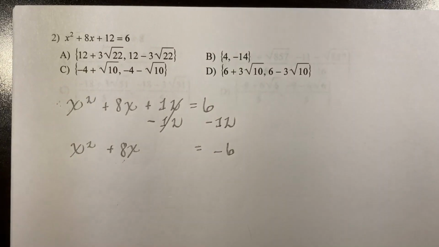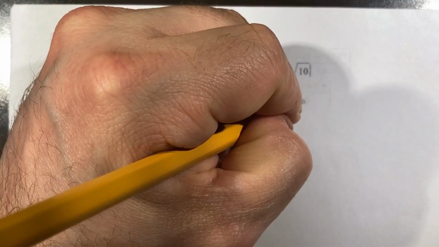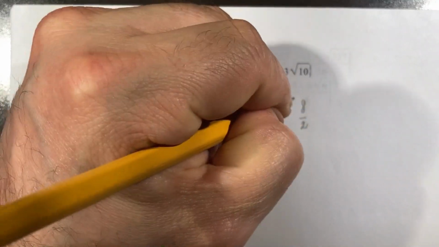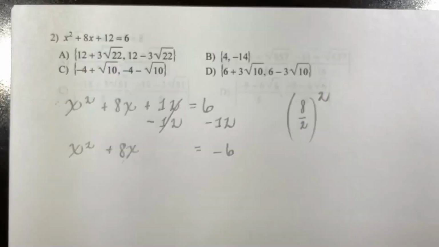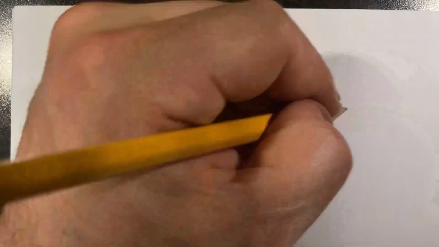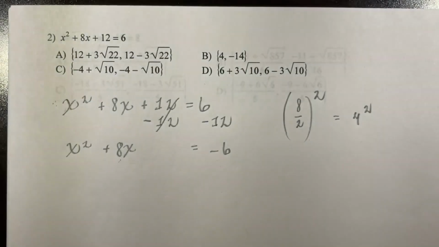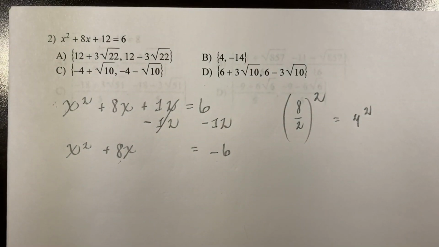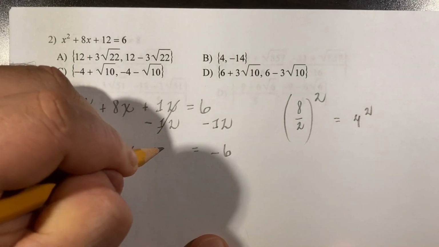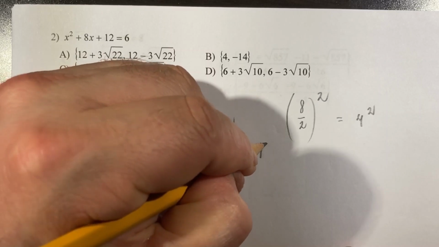We take half the middle coefficient and square it. So we're not going to draw the square in the rectangle this time. We're just going to say 8 divided by 2 squared, right? Well, 8 divided by 2 is 4. And so we're going to say this is equal to 4 squared. Now we know 4 squared is 16, but we're going to write plus 4 squared on both sides.